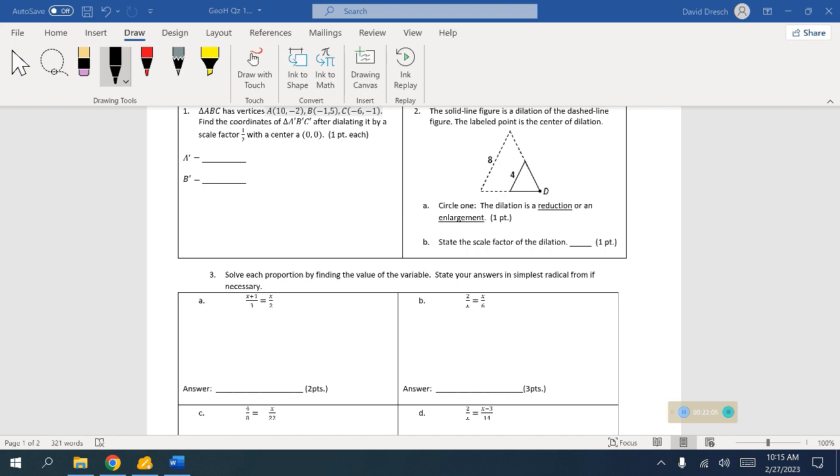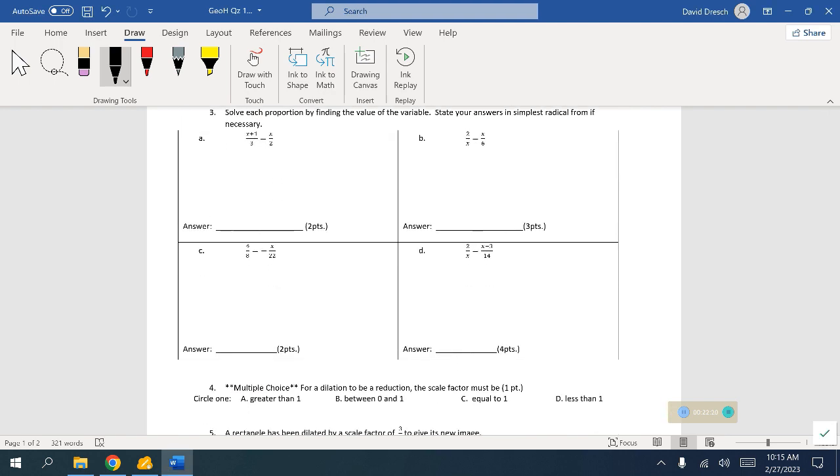Okay, number 3. On number 3, A, B, C, and D, the one that most got wrong was letter C. Several of you said, hey, that negative right there, I don't need that negative. Well, don't do that. So let's take a look at number 3 real quick. Again, do your cross products. That's looking just fine. We've come a long way on that.